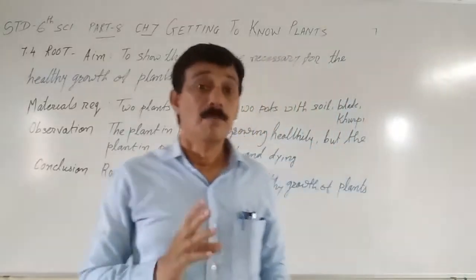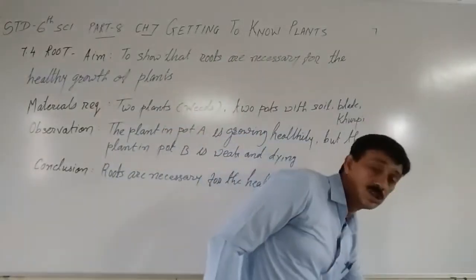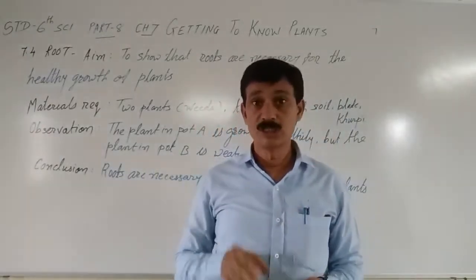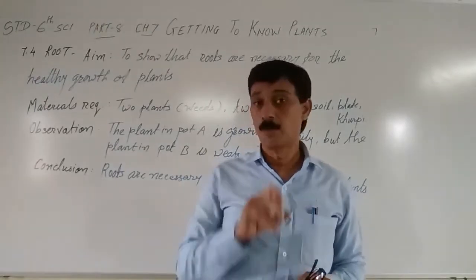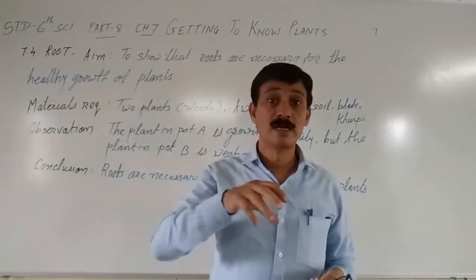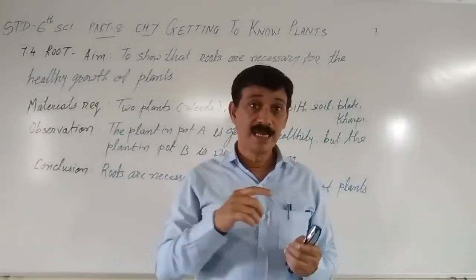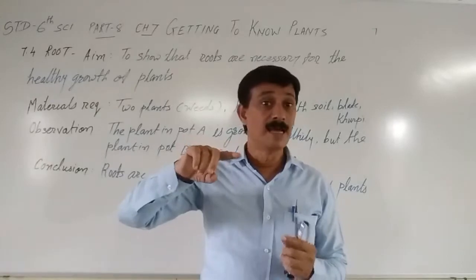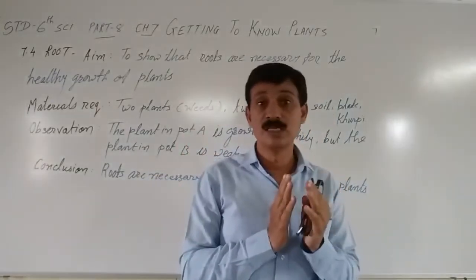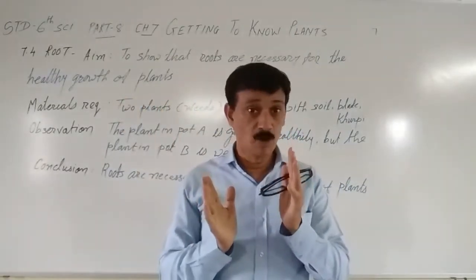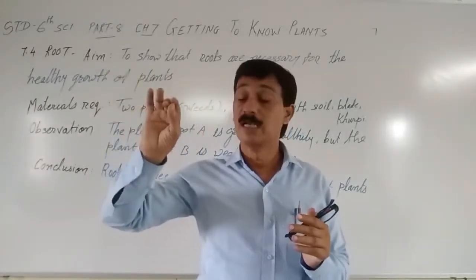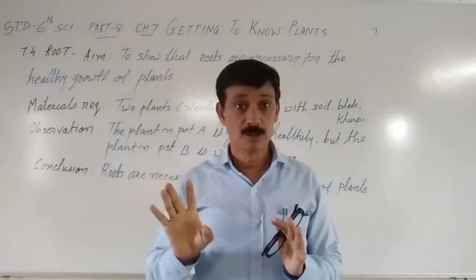Why? Because roots are in the soil, isn't it? From the soil, roots absorb the water and the minerals, and they go to the stem, and through the stem the water and minerals are conducted to the different parts of the plant, let it be flowers, leaves, or fruits.